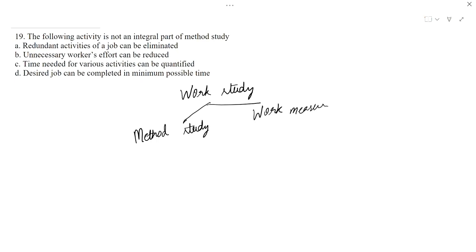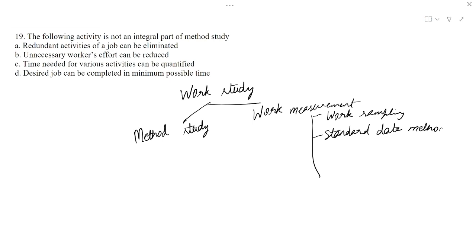Now, work measurement focuses on the quantification of time using various techniques like work sampling, standard data method, predetermined time, motion study or time study.